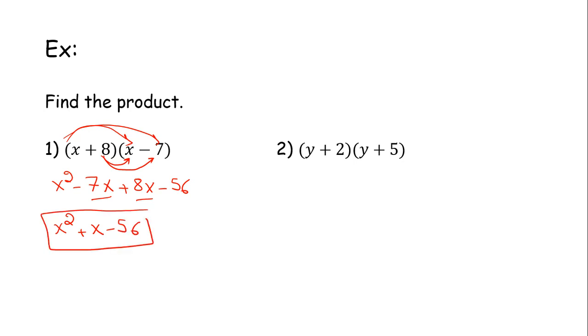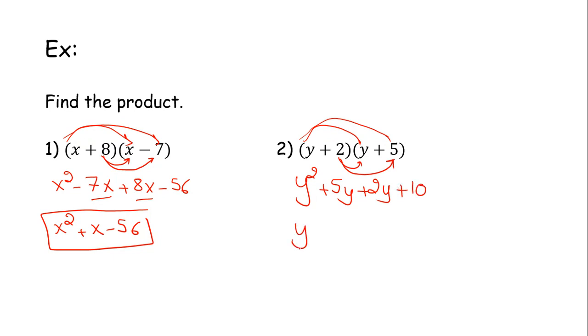Take a minute and try to do number 2 by yourself. So y times y is y squared. Y times 5 is 5y. 2 times y is 2y. 2 times 5 is 10. So y squared plus 7y plus 10.